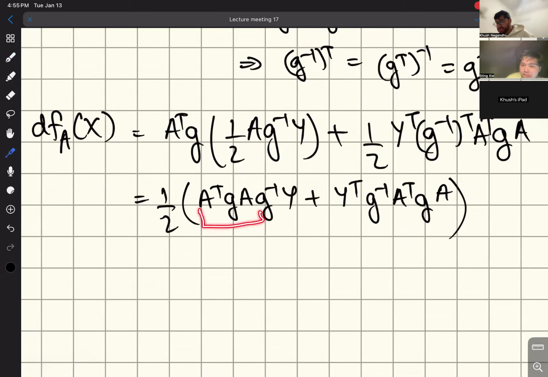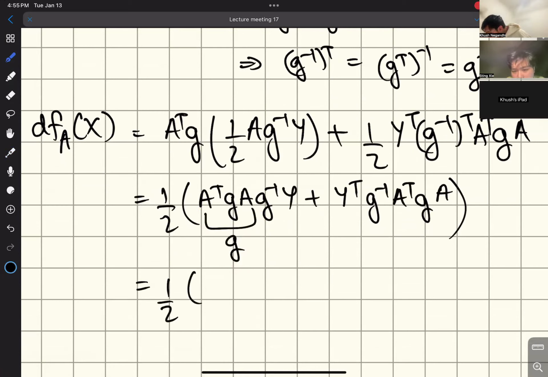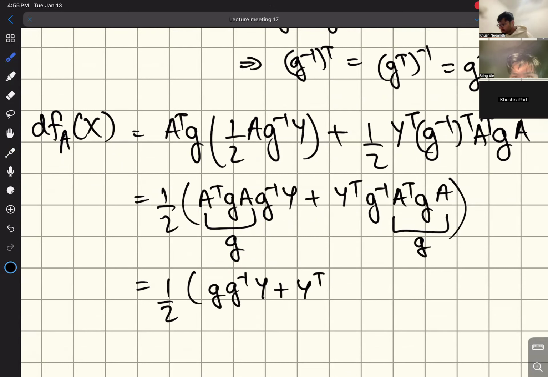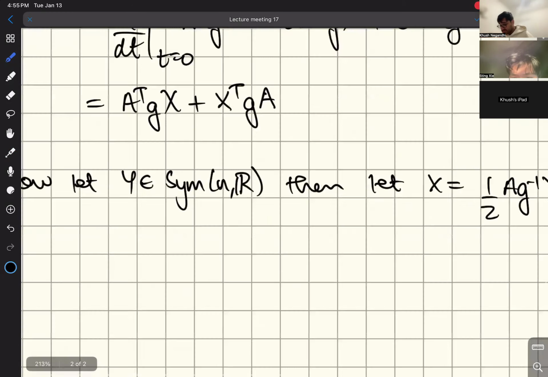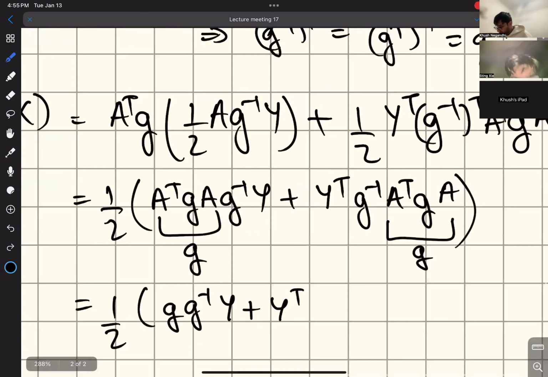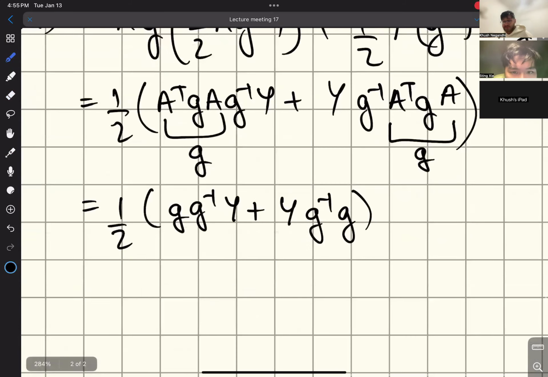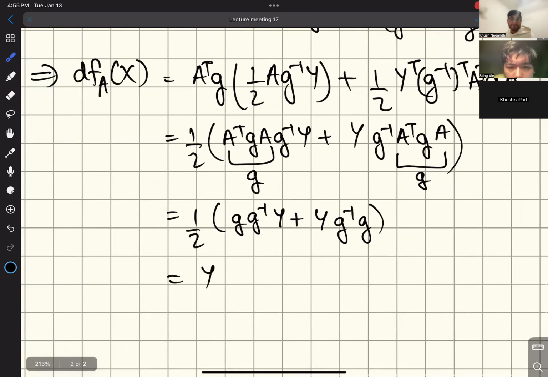It's that A transpose G A is just G. So this thing becomes G, and this thing becomes G. So you're left with G inverse Y plus Y transpose, and Y transpose is just Y, because Y is symmetric, remember? That becomes Y. This becomes G inverse G, but G inverse G is just the identity, so you're left with Y.